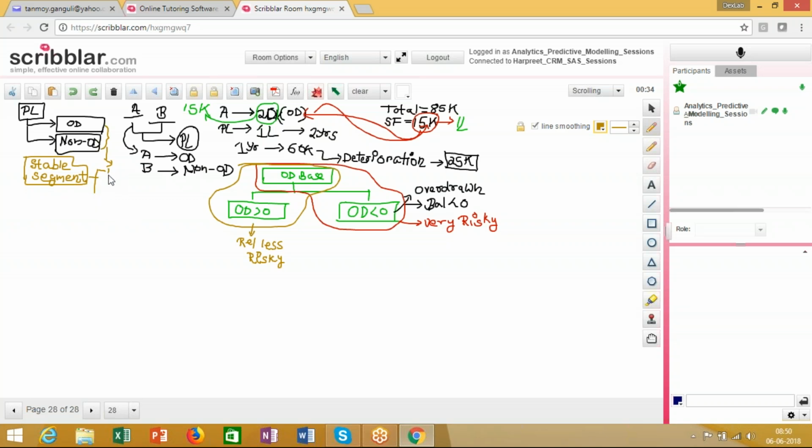The bad rates in segment 1 and the bad rates in segment 2 must be statistically significantly different.